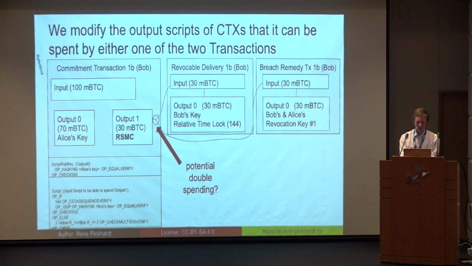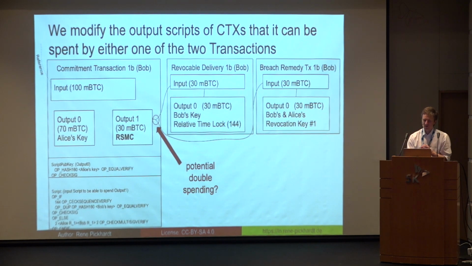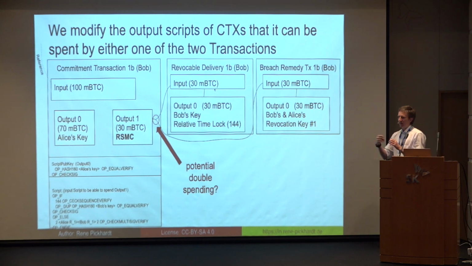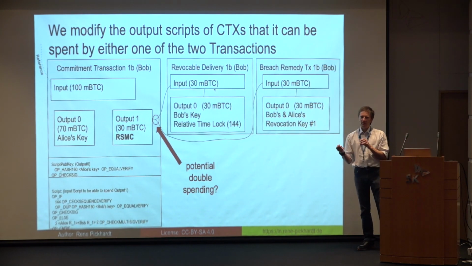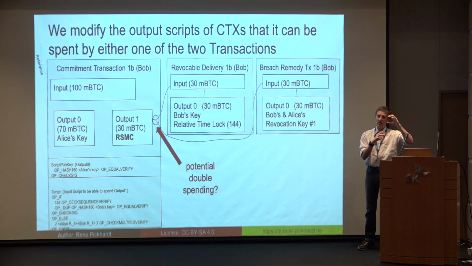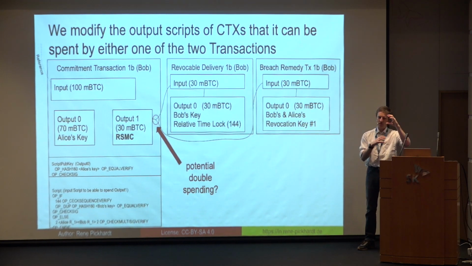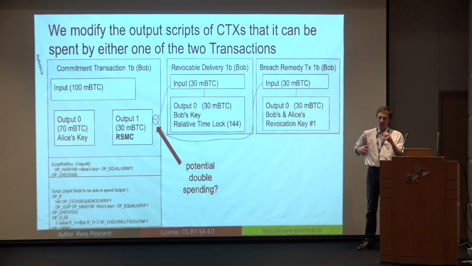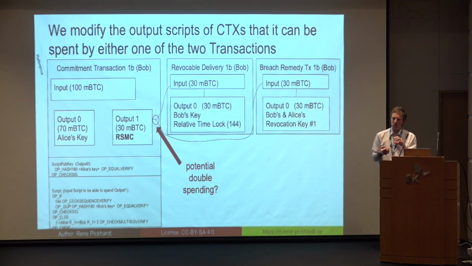So how can we do that? Well, we have to complicate the protocol somewhat to give Alice a guarantee that if Bob tries to publish something outdated, so a state of the channel which is actually invalid, she has a mechanism to punish Bob for that.